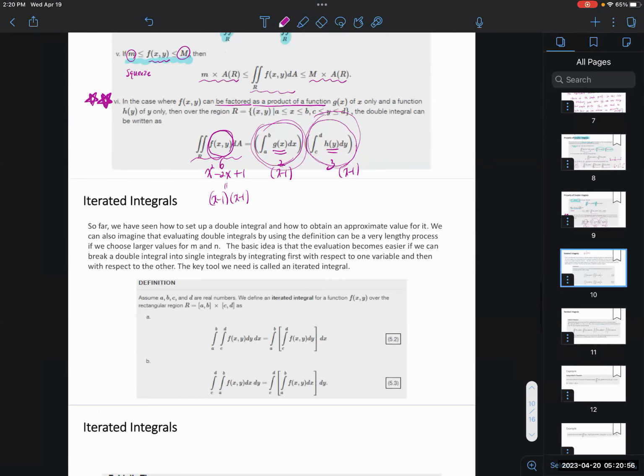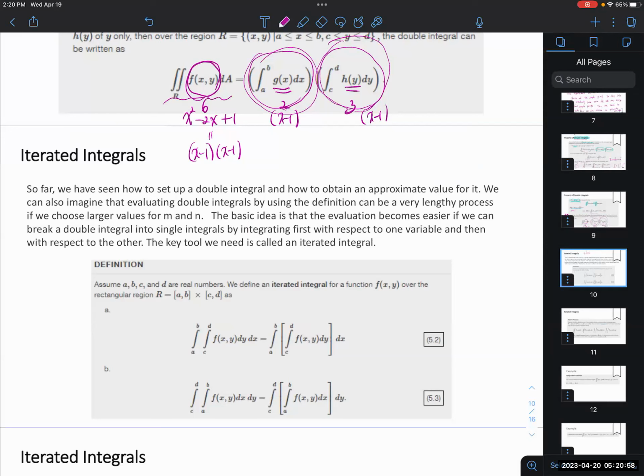So far we have seen how to set up a double integral and how to obtain an approximate value for it. Approximated, we cannot be 100% sure, but we are estimating. We can also imagine that evaluating double integrals by using the definition can be a very lengthy process if we choose larger values for m and n, right? Because if you choose many sample points, the process is going to be more complicated because you have to add so many different terms.